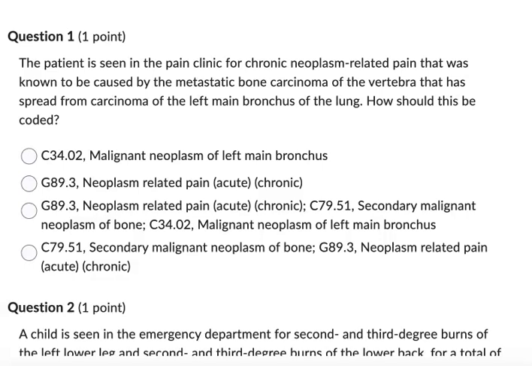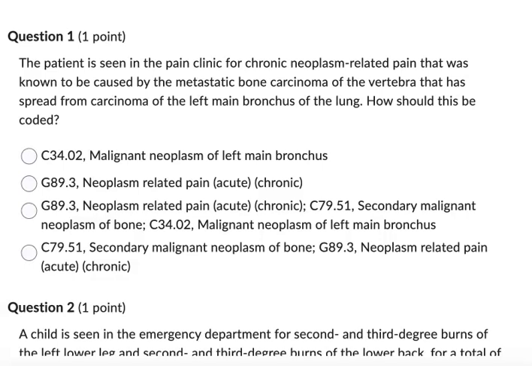So number one, my first point: when you are looking at a multiple choice scenario, the first thing you want to do is review each code and its description. I'm using this particular question as an example because the codes and their descriptions are there.